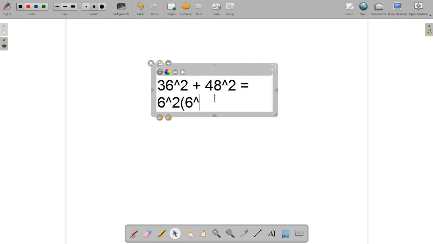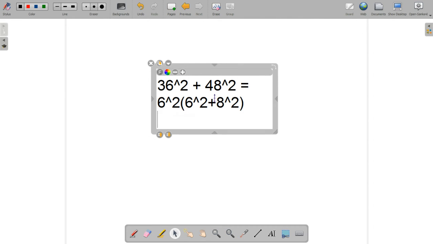Okay, so we have 6 squared plus 8 squared. And all you really have to do is 6 squared plus 8 squared. What does that equal? 100. Times 36. That's just 3600.